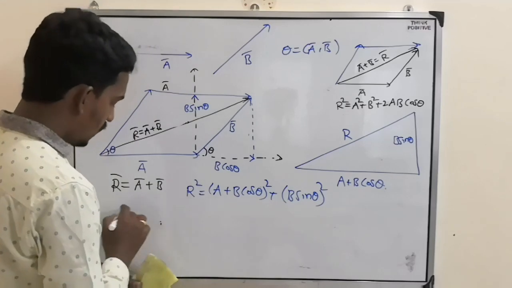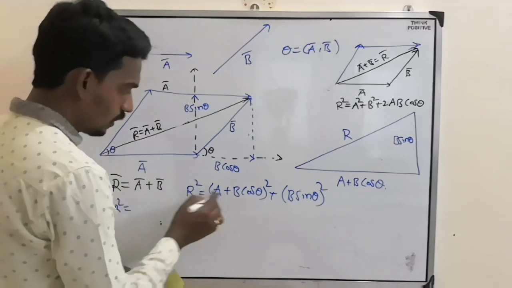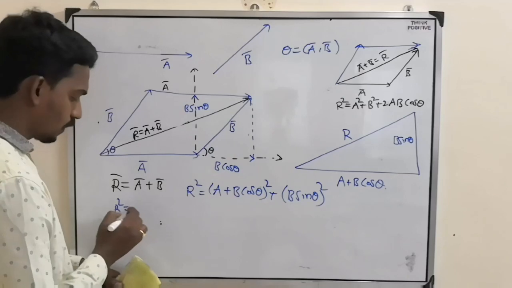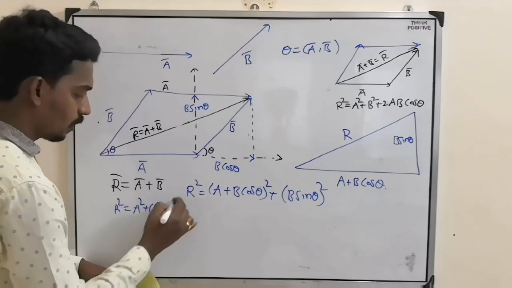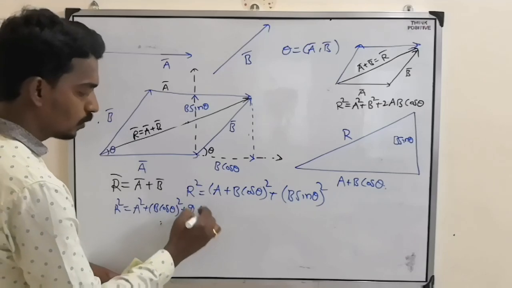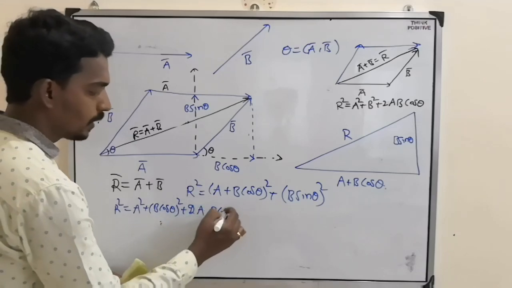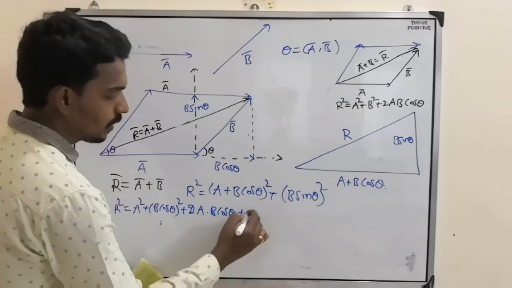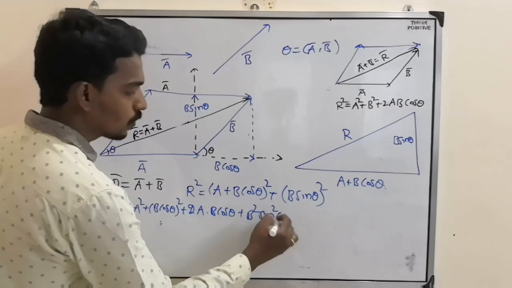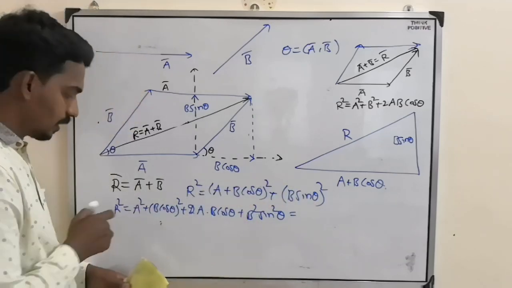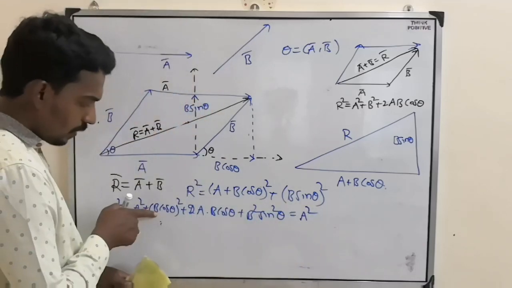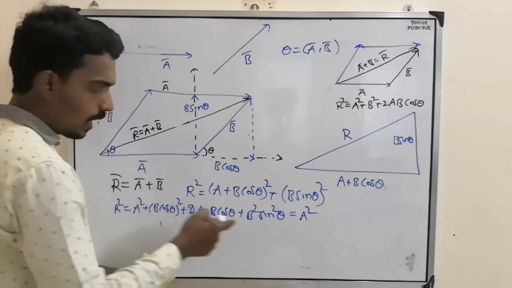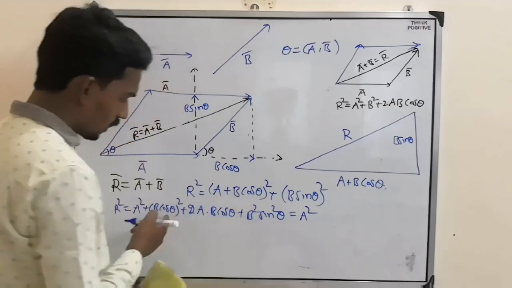Then r square equal to, this is a plus b cos theta whole square, a square plus b square cos square theta plus 2a into b cos theta plus b square sin square theta. Now here a square and here b square cos square theta, here b square sin square theta.